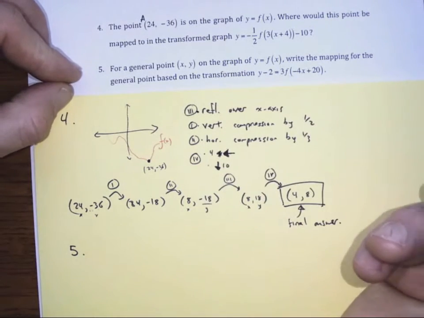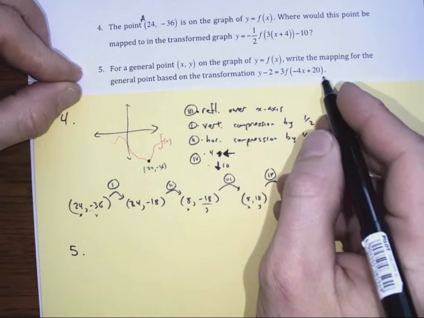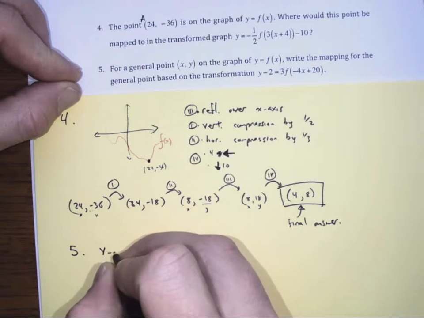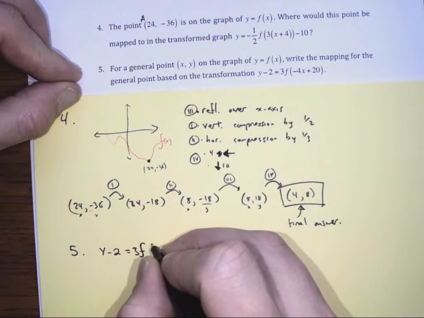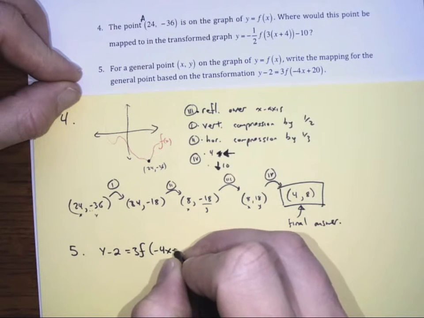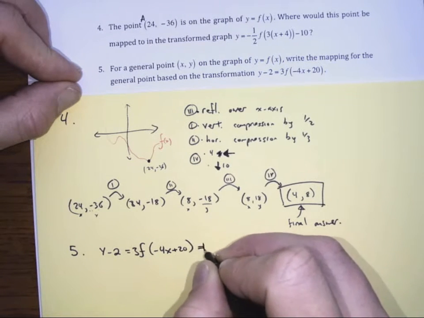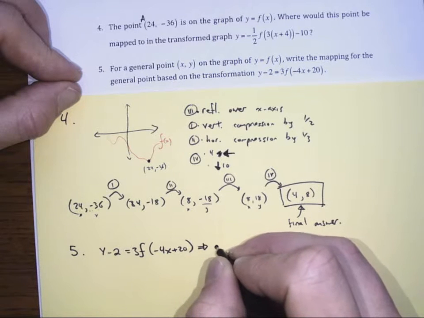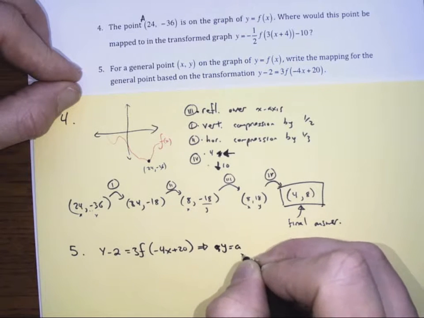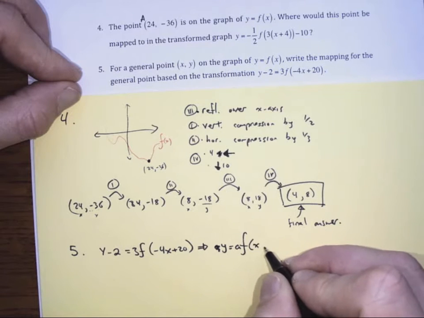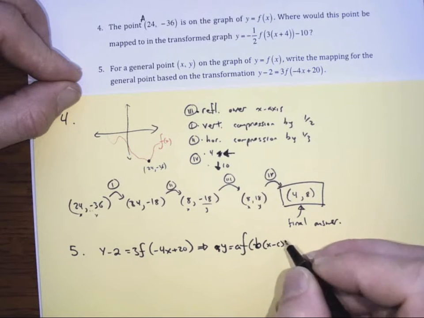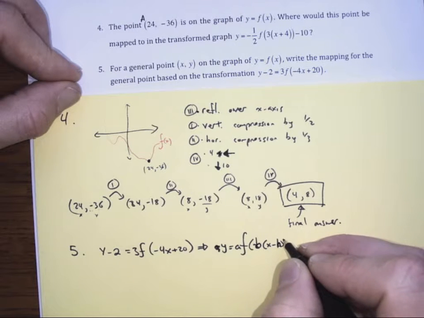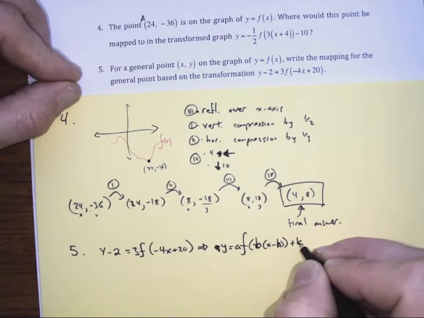Okay, so first thing I'm going to do is list all my transformations. But before that, actually, sorry, that's not the first thing. The first thing is I'm going to put this into the form y = a f(b(x - h)) + k.